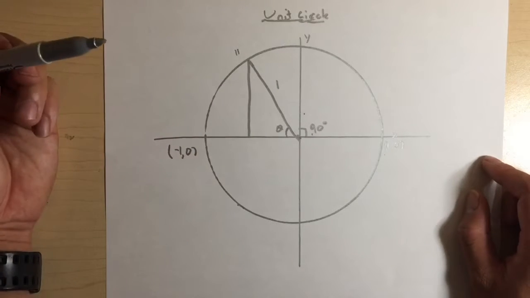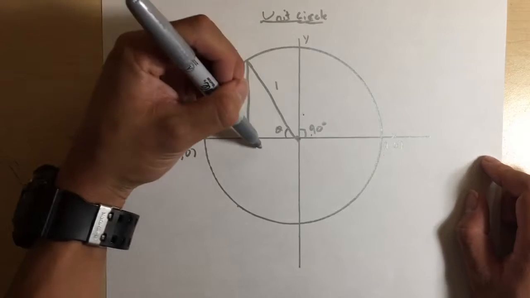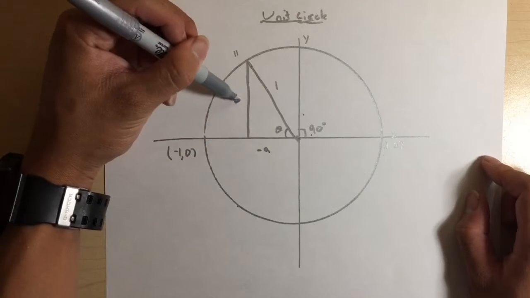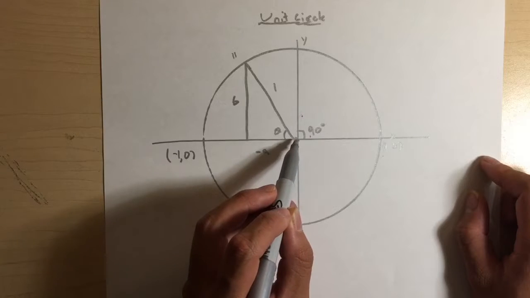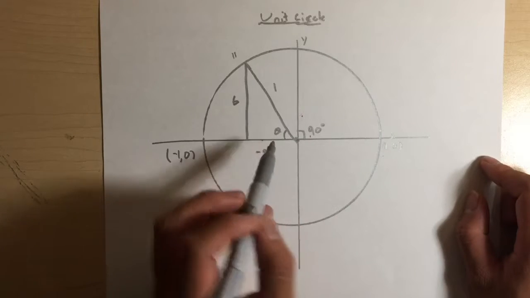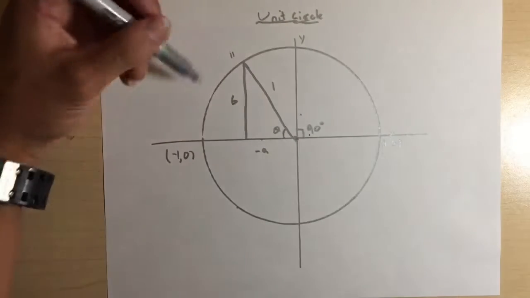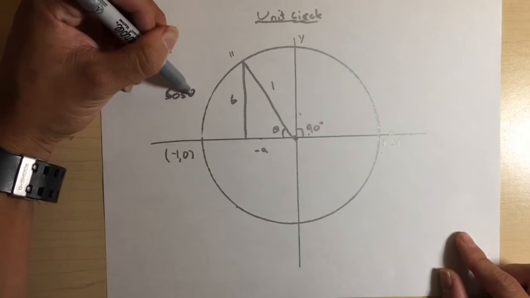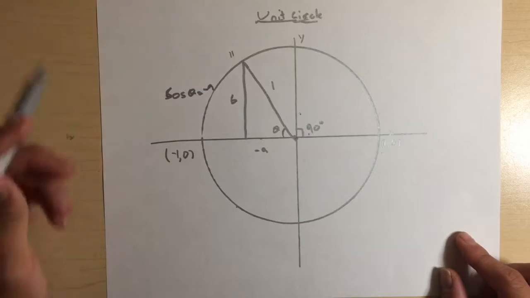Therefore, our trig functions could come out negative. So say this was -A and B, because -A from theta is negative on this graph, if you're going to think of it as a graph. So therefore, cosine theta equals -A.